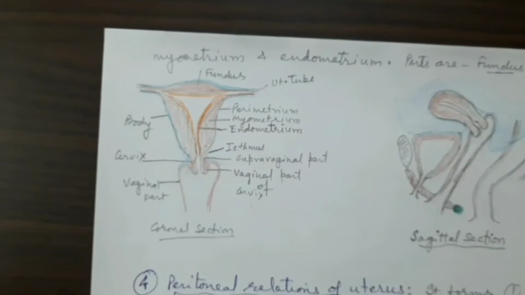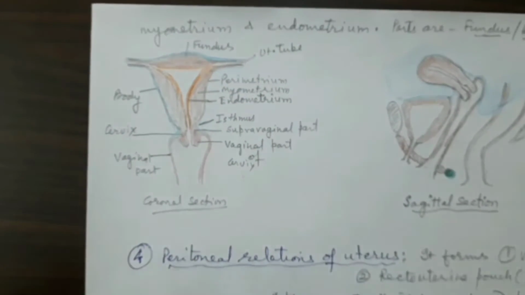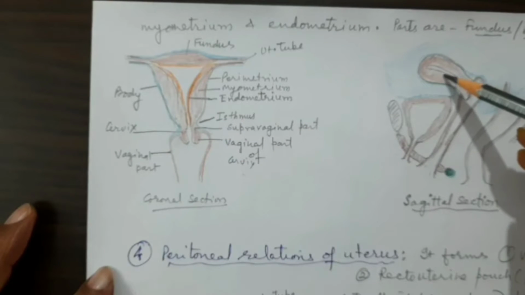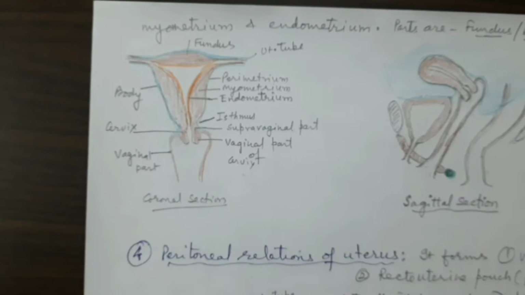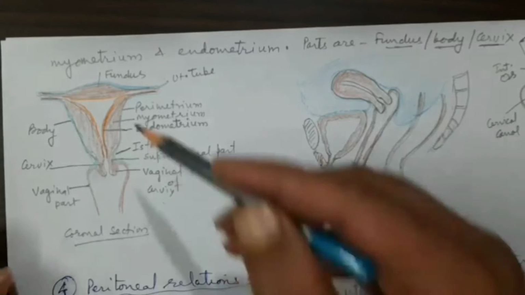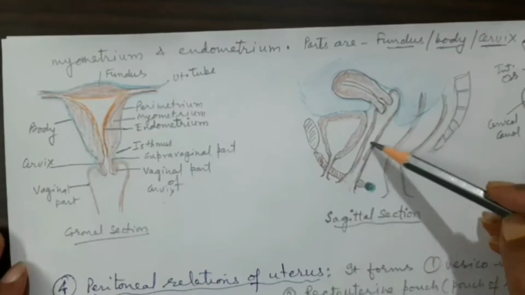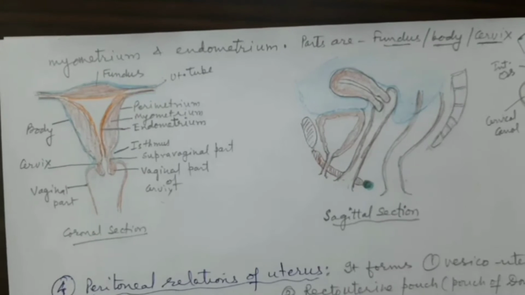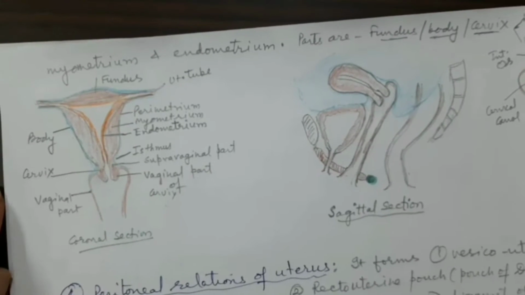It means the uterine cavity is triangular in the coronal section, and in the sagittal section it is very narrow, where the anterior and posterior walls of the uterus are very close to each other. So this must have given you an idea about the cavity, which is quite narrow, within the uterus.